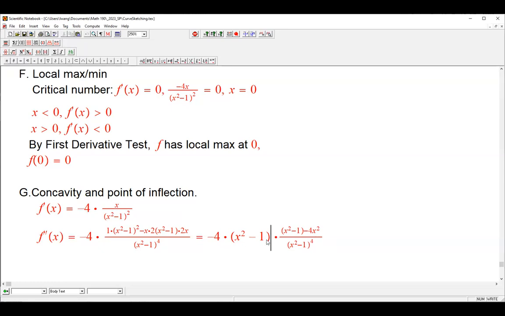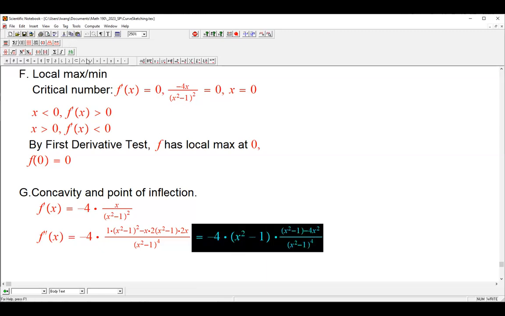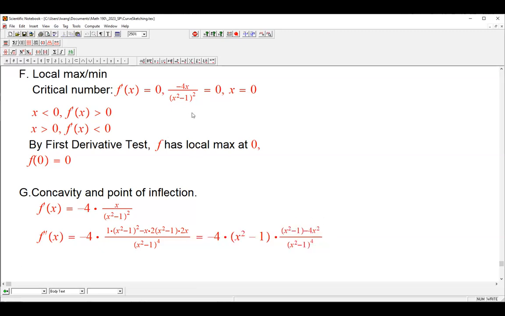Now, this x squared minus 1 and x squared minus 1 in the bottom can be reduced. So the next step, this piece will take away one of these on the bottom. So this will be 3. And on here, we have x squared minus 1.